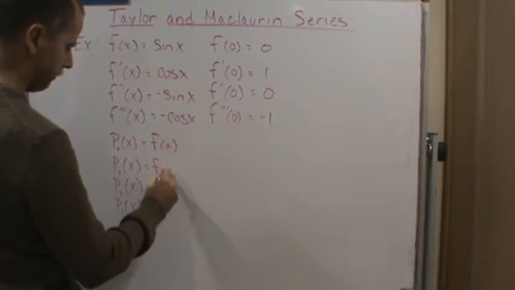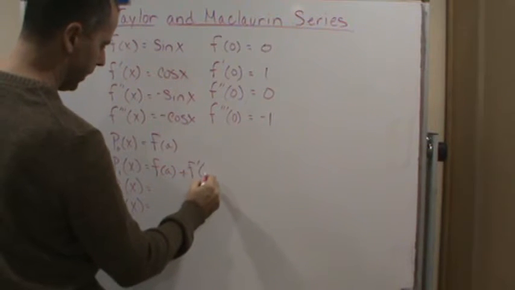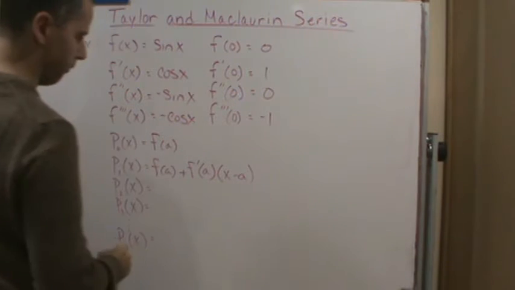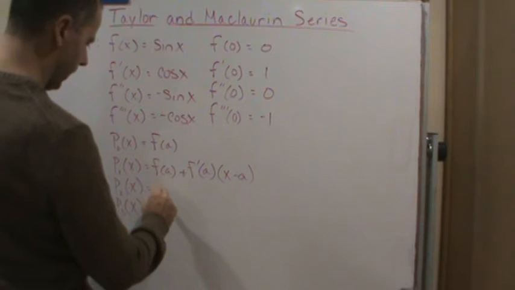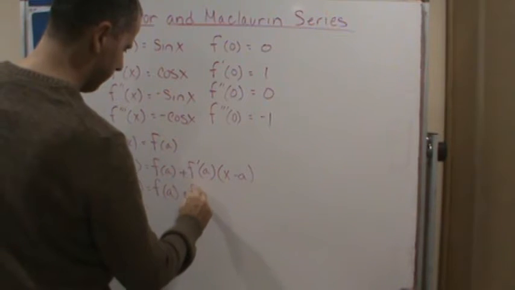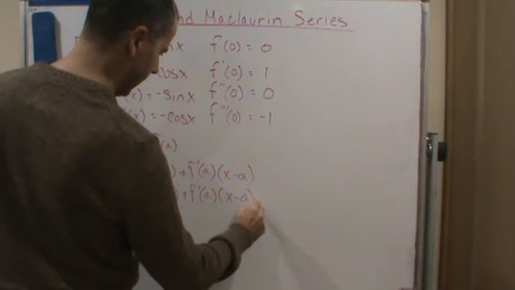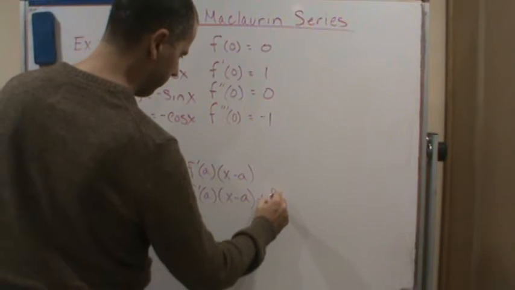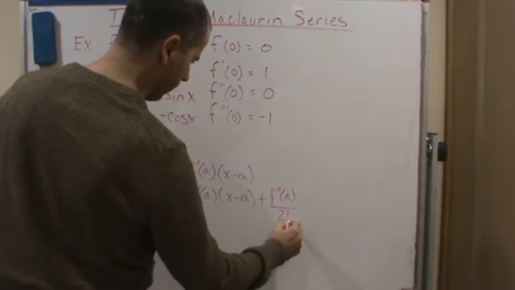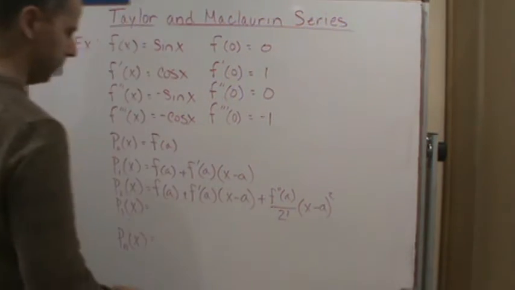This is going to be f of a plus f prime of a times x minus a, right? And again, this is f of a plus f prime of a times x minus a plus f double prime of a over 2 factorial times x minus a quantity squared.